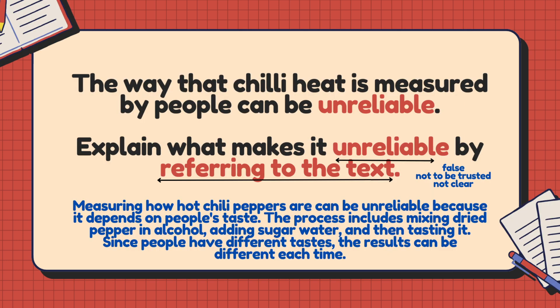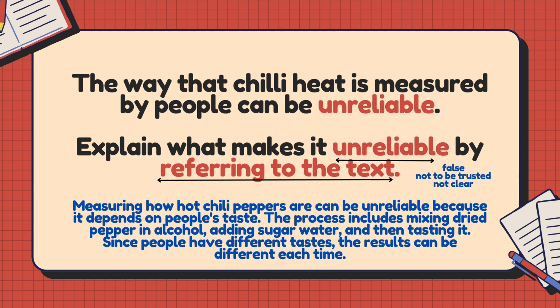And for the last question, the way that chili heat is measured by people can be unreliable, meaning to say not clear. Explain what makes it unreliable or not clear by referring to the text. So the answer is: measuring how hot chili peppers are can be unreliable, because you have the word explain.